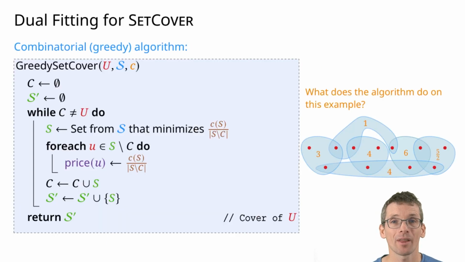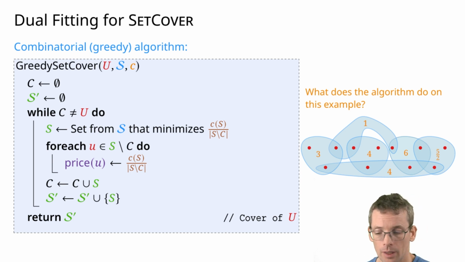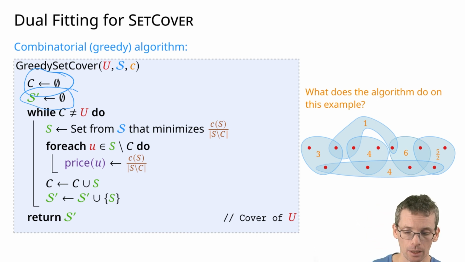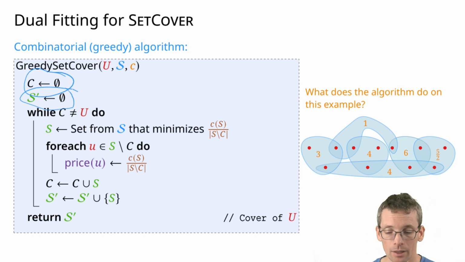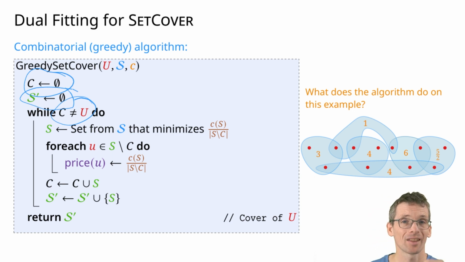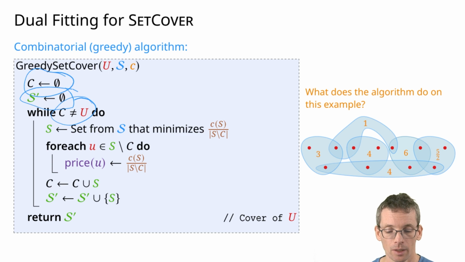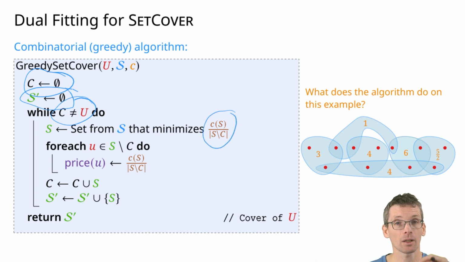Before jumping into the analysis, let's see the algorithm once more. So this is a greedy set cover algorithm. What do we do? We start with an empty set of covered elements and an empty set of sets in the set cover. And as long as not all of the elements are covered, we're going to pick the set that minimizes the relative cost, meaning I'm looking at the cost of the set divided by the elements in that set that haven't been covered yet.